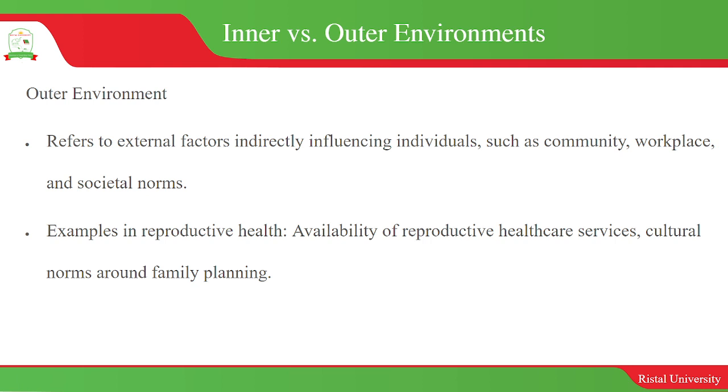The environmental factors are the ones we looked at when we mentioned the physical environment: the topography or geography, the community you are staying in, even the workplace, and things like that can contribute a lot to reproductive health outcomes.